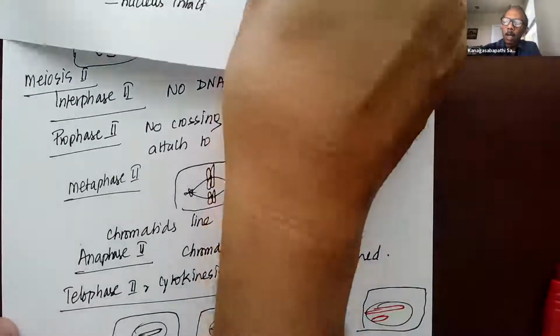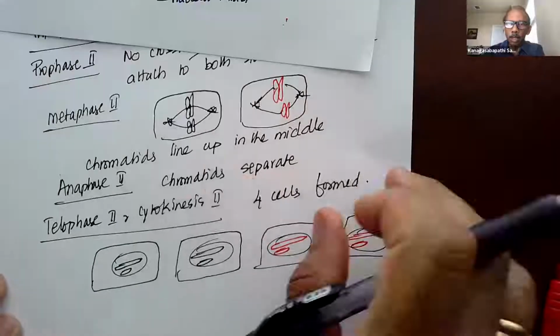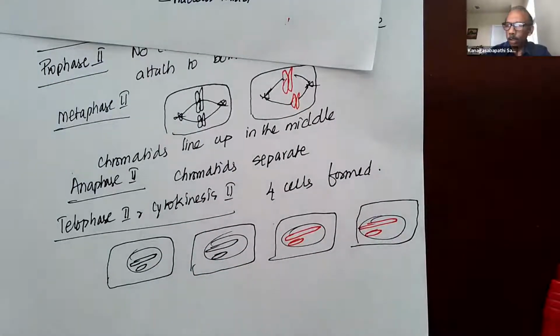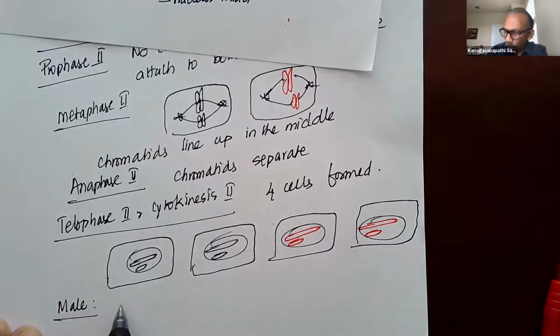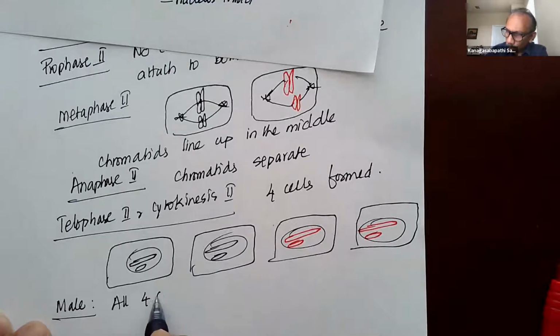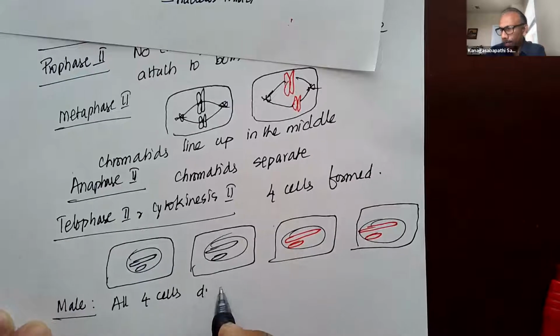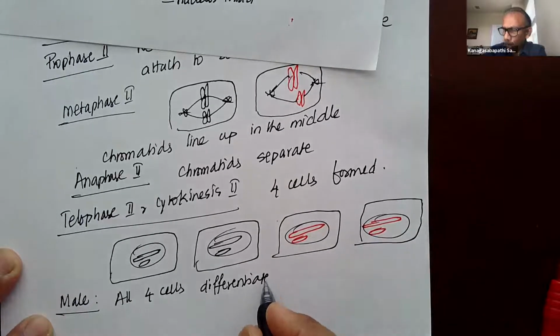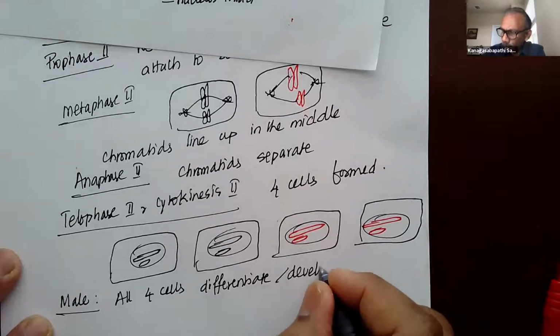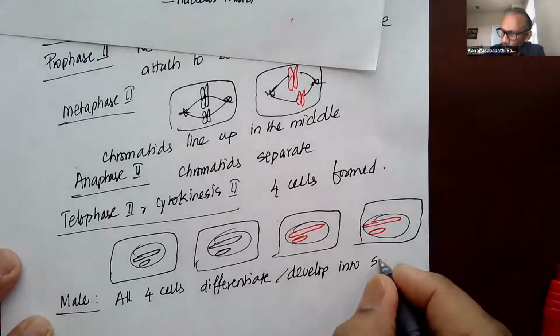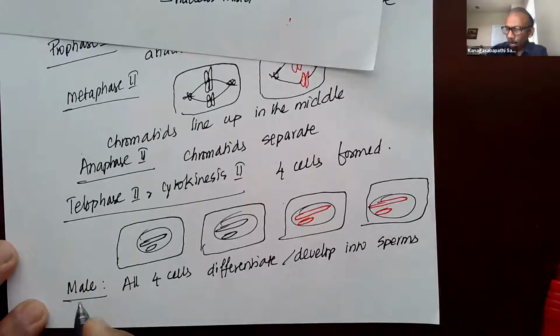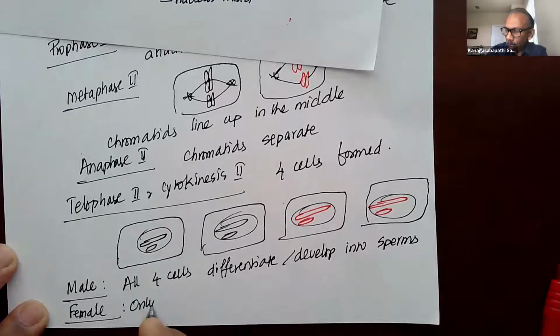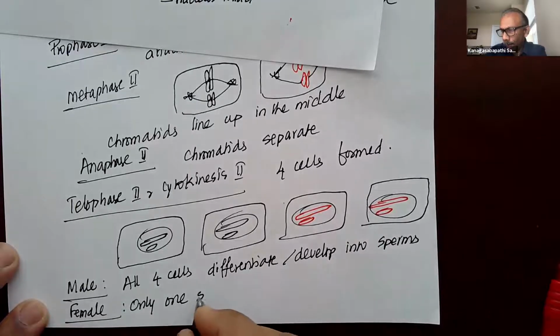So the last interesting information I wanted to share with you: in males, all 4 cells differentiate or develop into sperms, whereas in females, only 1 survives.